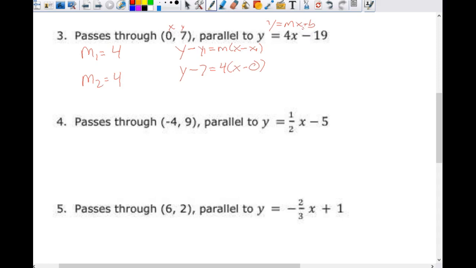The first step we would do is we want to distribute. Distribute here, distribute here. y minus 7 is equal to 4x minus 4 times 0. I'm just showing all the distribution, not skipping any steps right now.